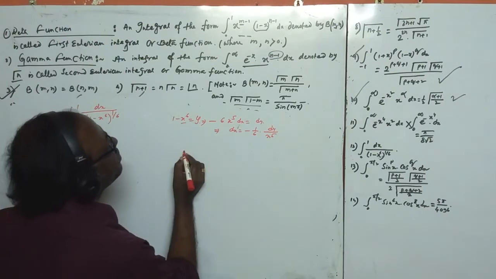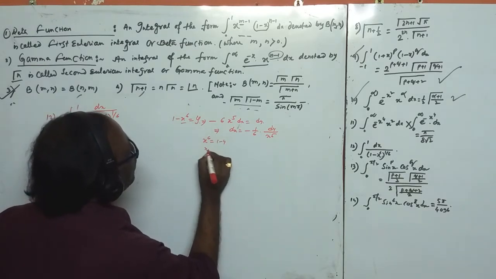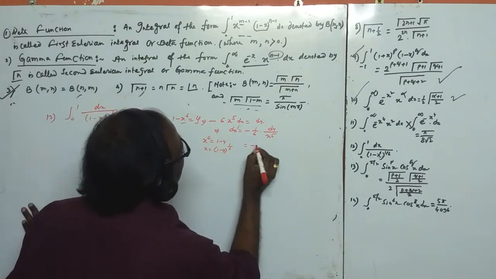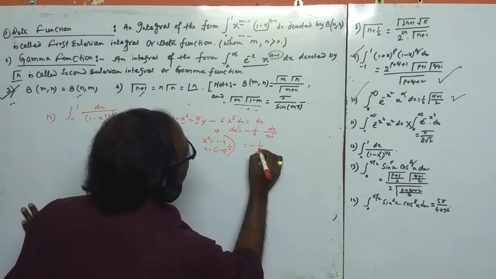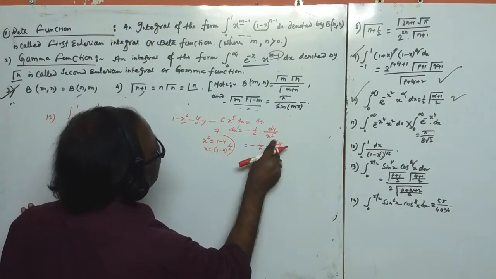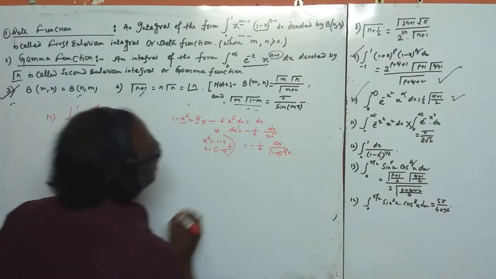See, x to the power 6 is equal to 1 minus y, so x is equal to 1 minus y to the power 1 by 6. So that is 1 by 6 dy, and x to the power 5 is 1 minus y whole to the power 5 by 6 here.